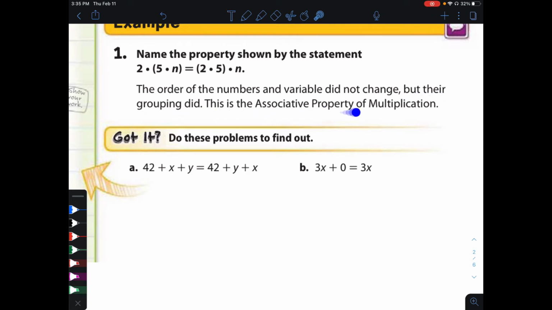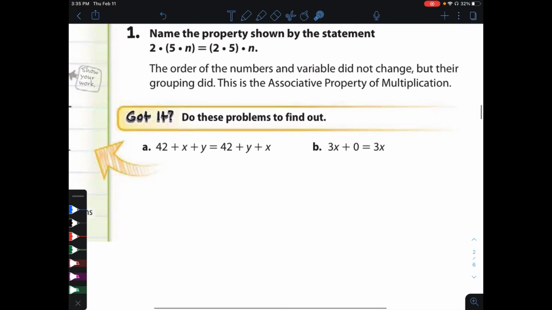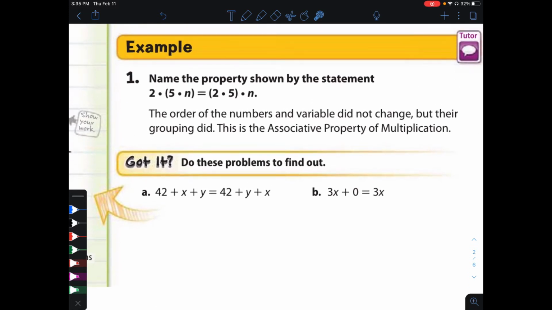This is the associative property of multiplication. Multiplication, because if this were plus, then this would be the associative property of addition. Okay? Do the got it problems, and let's see if you understand all the properties that we just discussed.